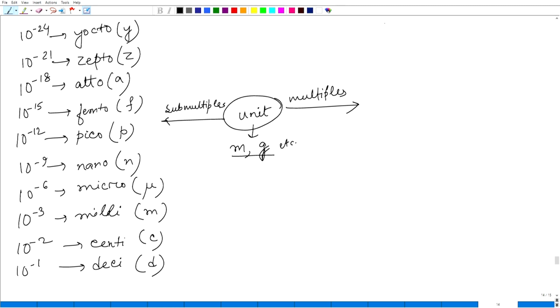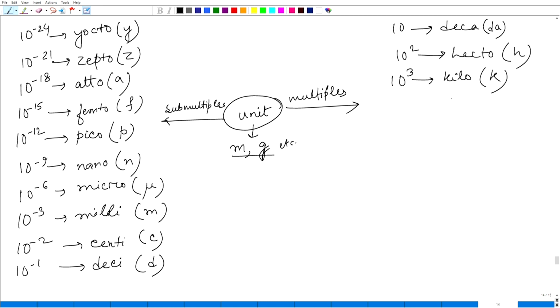So, 10 or 10 to the power 1 is called deca, written as DA. 10 to the power 2 is called hecto, written as H. 10 to the power 3 is kilo, written as K. 10 to the power 6 is mega, written as capital M.